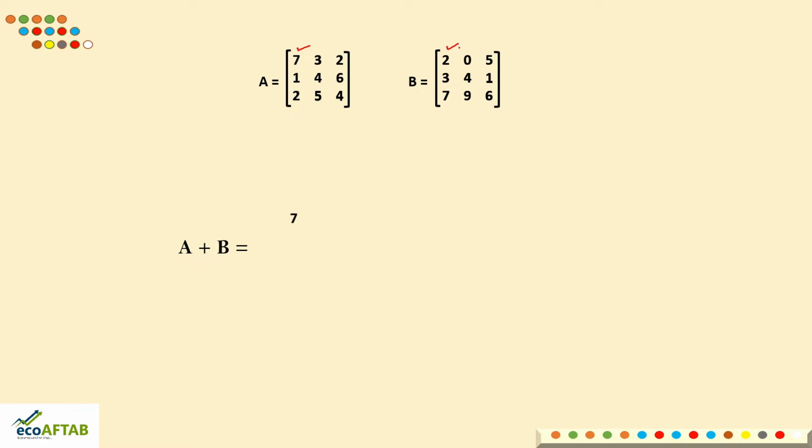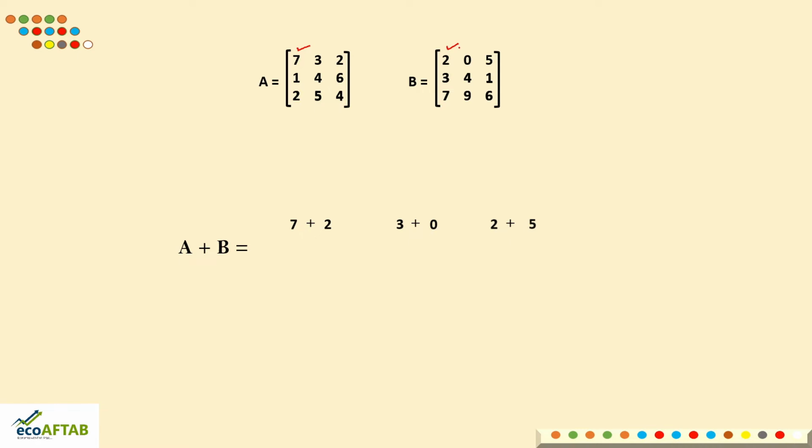So 7 plus 2, this is with regard to the first row and column. Then comes 3 plus 0, then 2 plus 5.